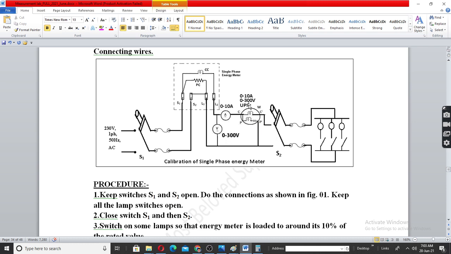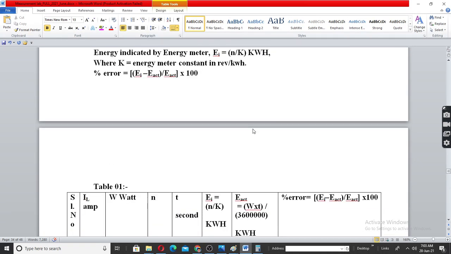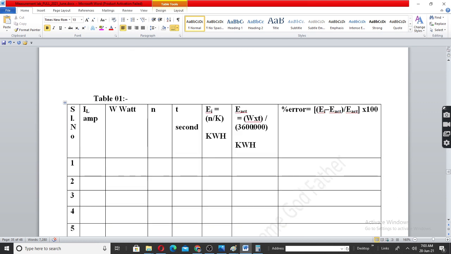Here you can have another energy meter, but in our laboratory we don't have extra energy meters. Energy meters we have only one or two. Hence, we use a standard watt meter. That, when multiplied by time, gives real energy.